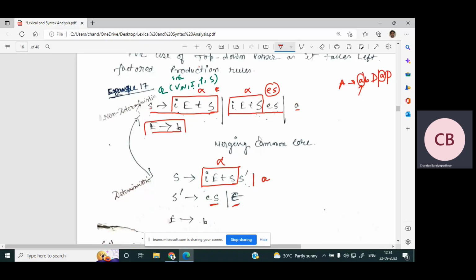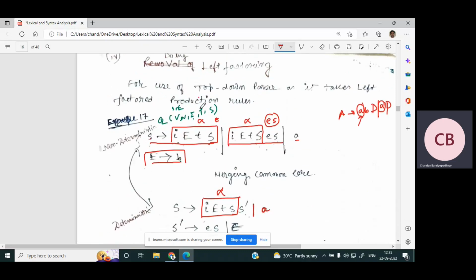If the same front part is there in two productions, we need to merge them into a single production such that we can give an exact pathway to the compiler from where to originate or where to start. Okay. So this is called left factoring. If a grammar contains this type of architecture, the grammar needs to be left factored before it is processed by a compiler in the syntax analysis phase.